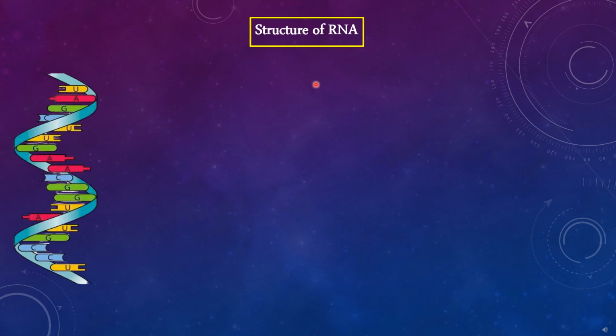Now we learn the structure of RNA. RNA is ribonucleic acid, DNA is deoxyribonucleic acid. Nucleic acids are of two types: DNA and RNA. This structure indicates RNA.